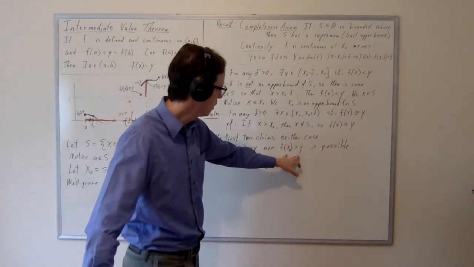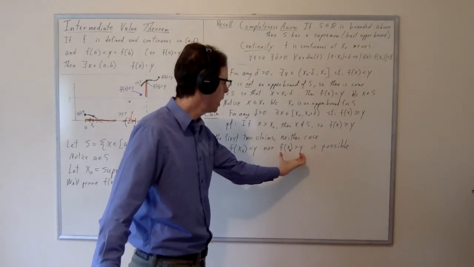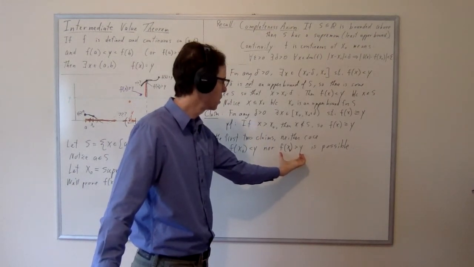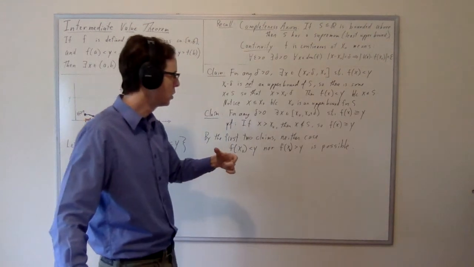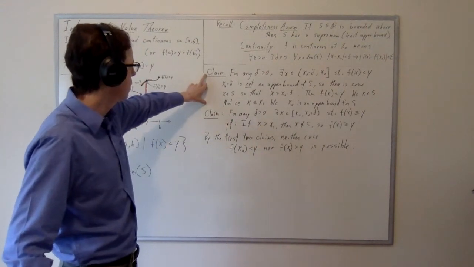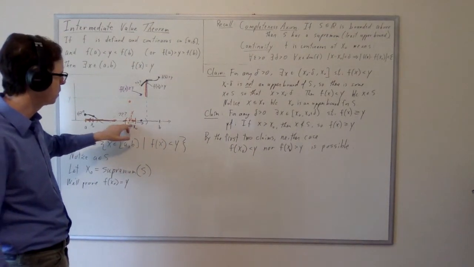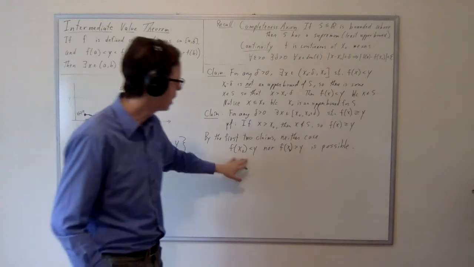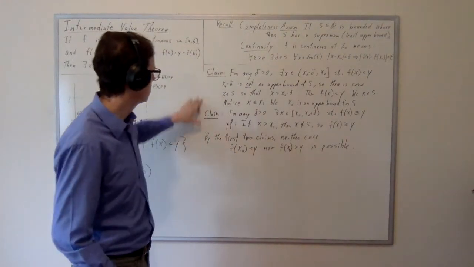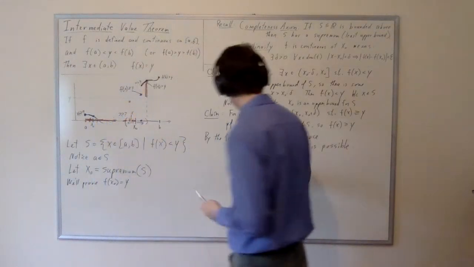If this were true, then by that other claim, now erased, we would have a neighborhood of x naught for which we always get values greater than y. But then that would contradict this, right? That on every delta neighborhood, we get some values less than y. And so neither of these things is possible in the context of what we've proven here. Well, there's only one other option.